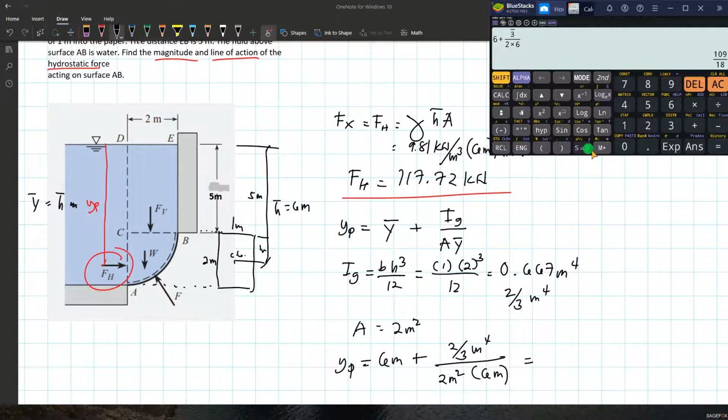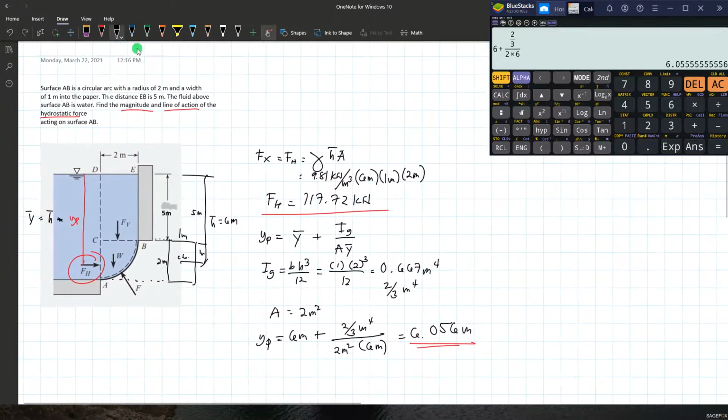So this is your answer, 6.056 meters. Okay, we're done with the horizontal force.